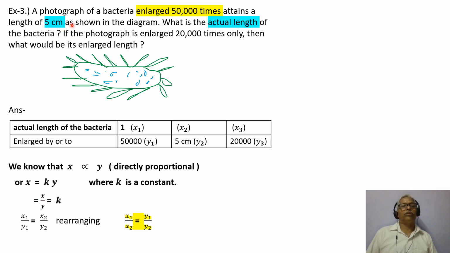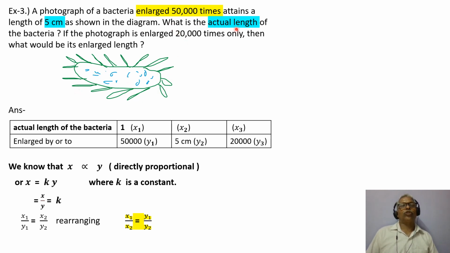This bacteria has some length and is enlarged 50,000 times, and after enlarging it attains 5 centimeters on the microscope scale, as shown in the diagram. This is the bacteria.